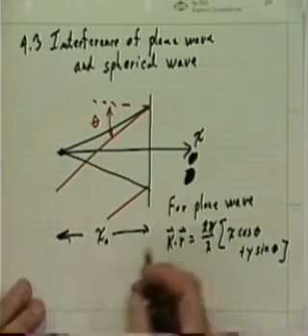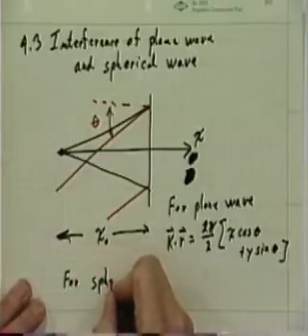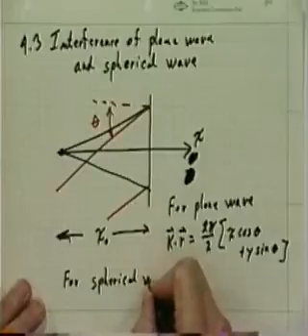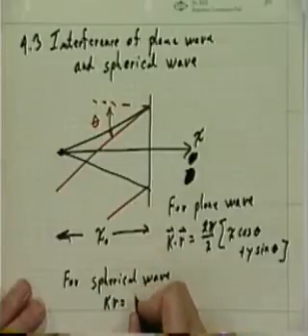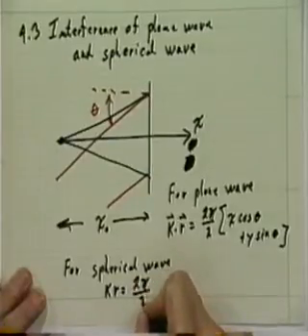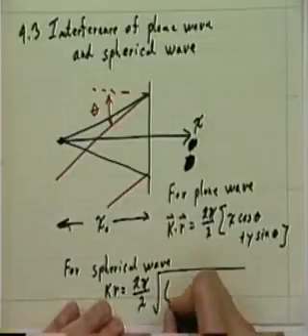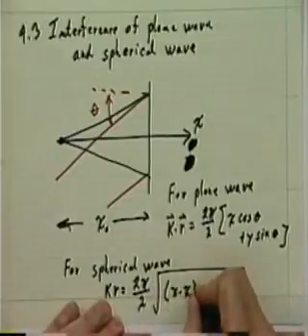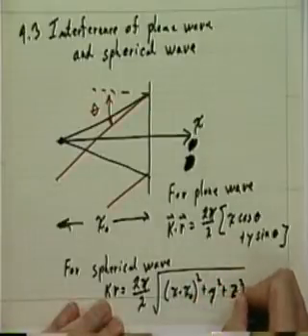And for a spherical wave, we just say kr is 2 pi divided by the wavelength times the square root of (x minus x naught) squared plus y squared plus z squared.